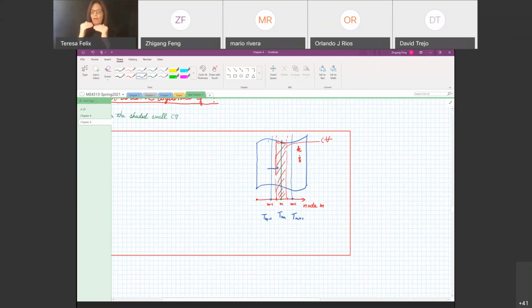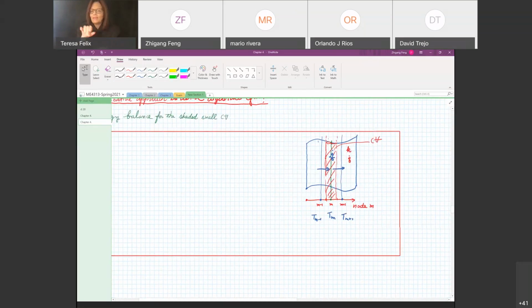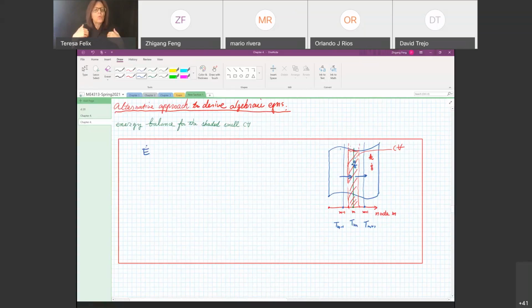So let's say conduction heat goes into the control volume and comes out, and also we have heat generation inside the control volume. So that at the steady state, we should have E dot in minus E dot out plus E dot G equal to 0.